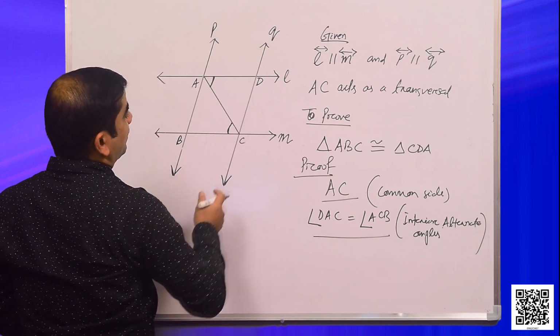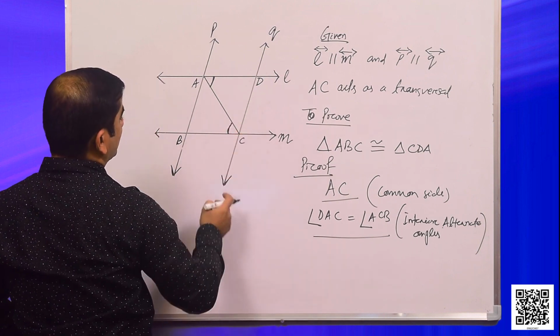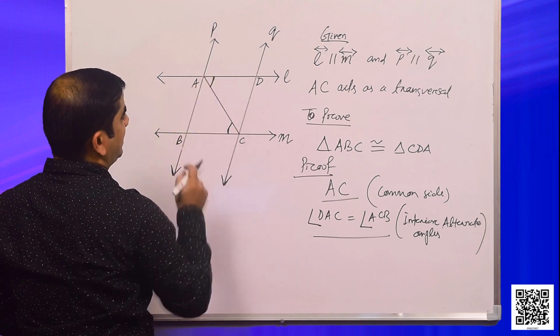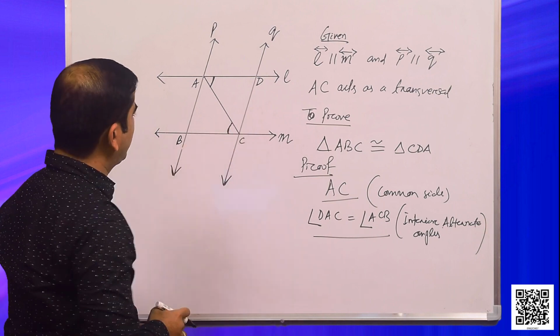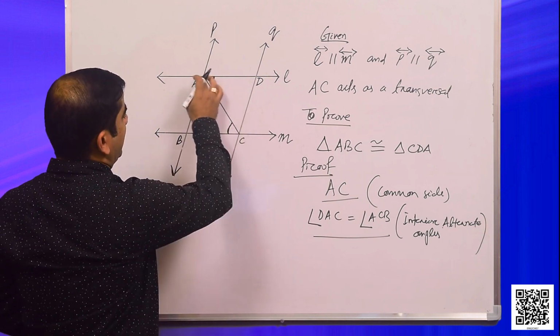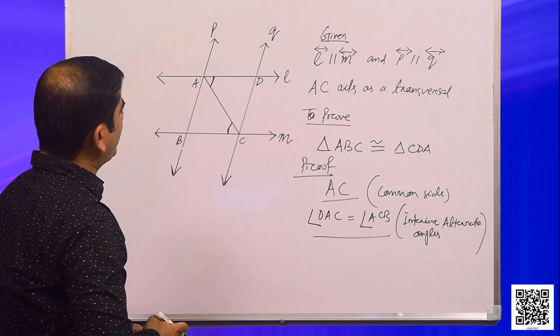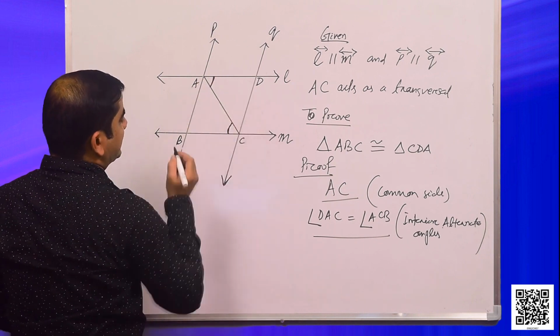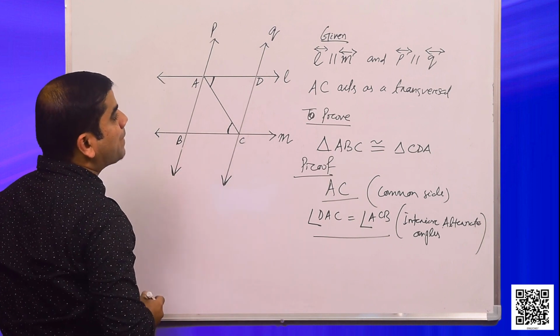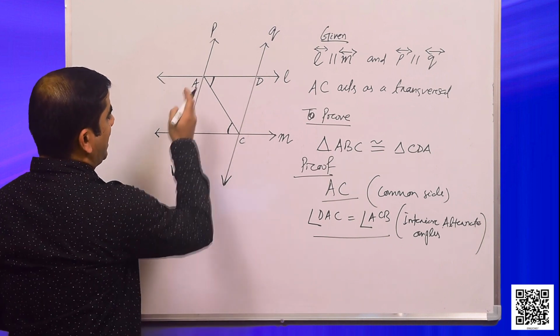Now if we concentrate on angle ABC and angle ADC, what we can see is that ABCD is a parallelogram, isn't it?